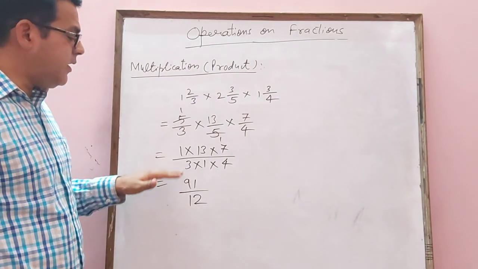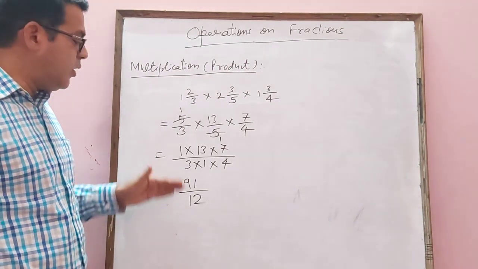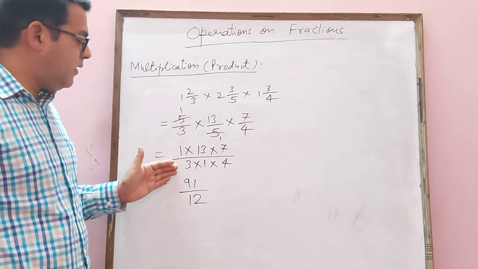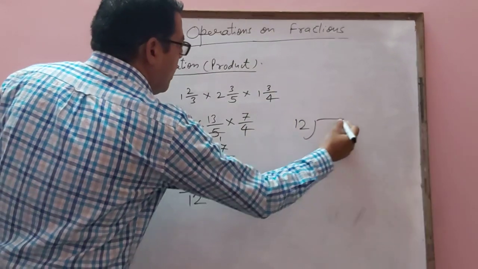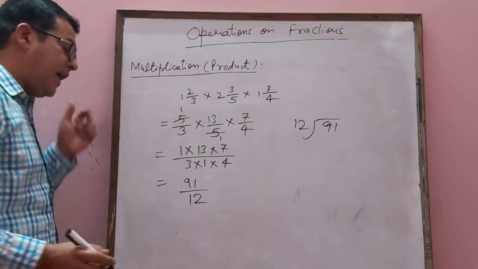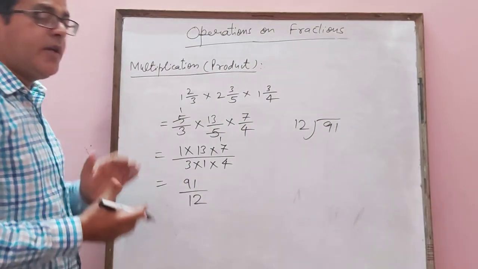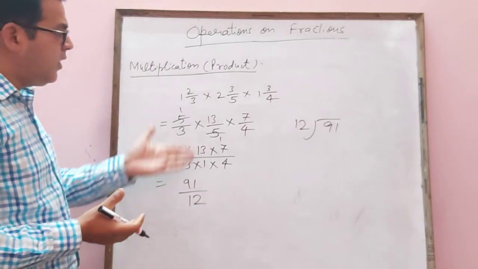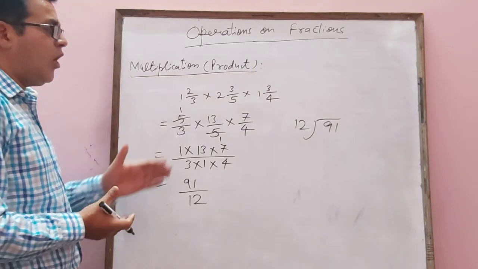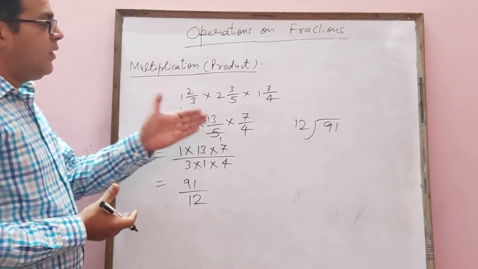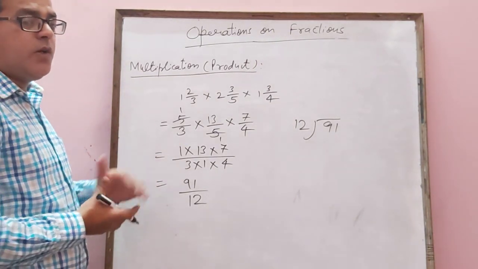It means this is an improper fraction since the denominator is less than the numerator. So what to do here? We have to convert this 91 by 12 into a mixed fraction. How can we convert it? We have to divide this 91 by 12. So how many times? You already know the table of 12.